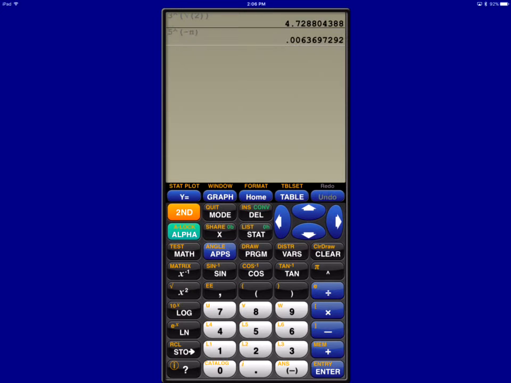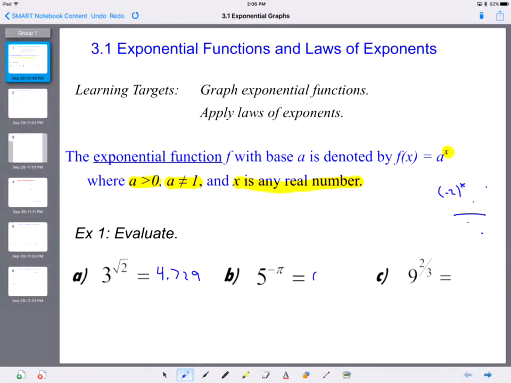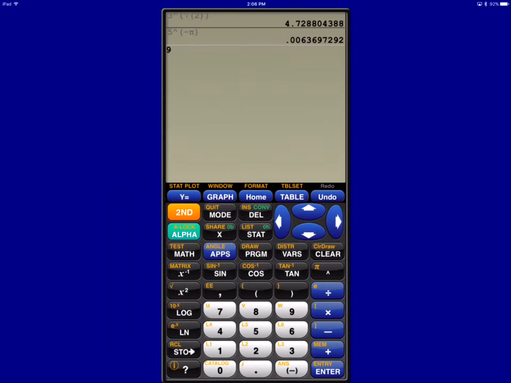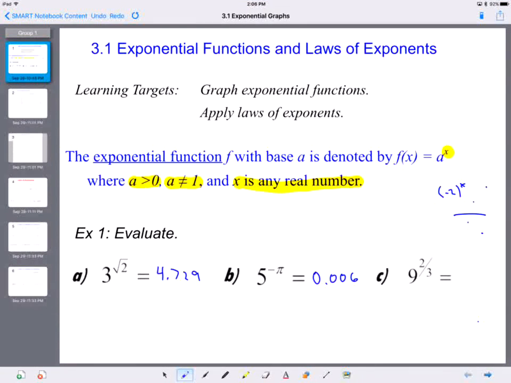And we got 0.006 on that one. And then 9 to the 2/3. And we got 4.327 if we round.